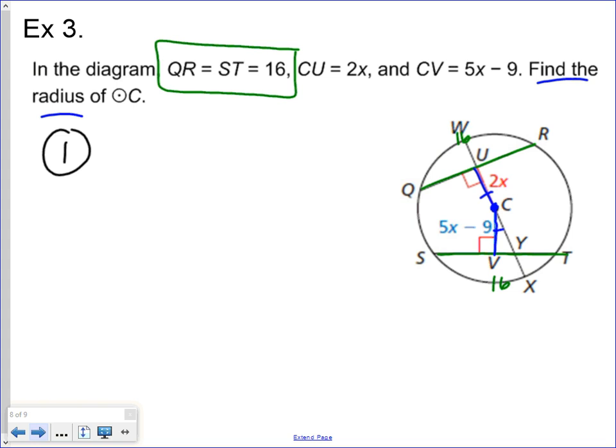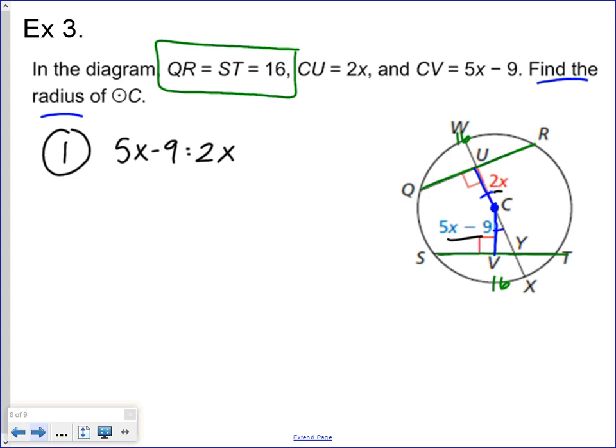If those chords are the same, then these little blue pieces in the middle are the same. So what can I do with those two expressions, do you think? Set them equal again. So let's go ahead and set them equal. Be careful on your algebra. I have a lot of people, once again, trying to move all your x's and constants to one side, and then your balance tips over.